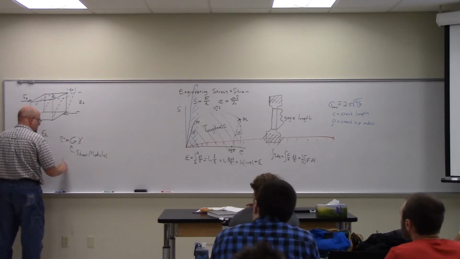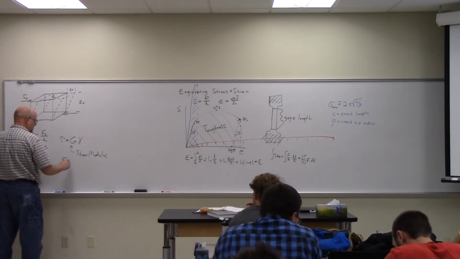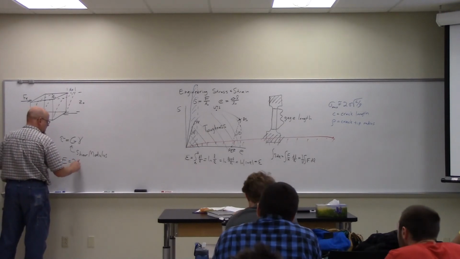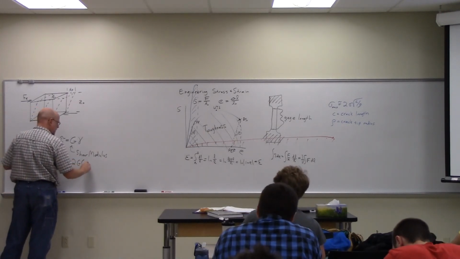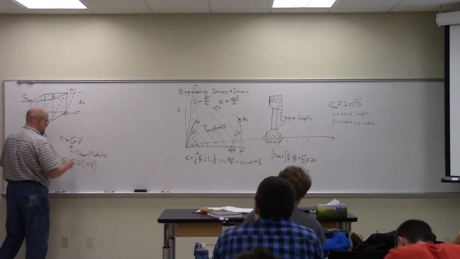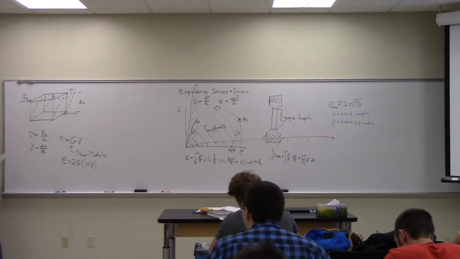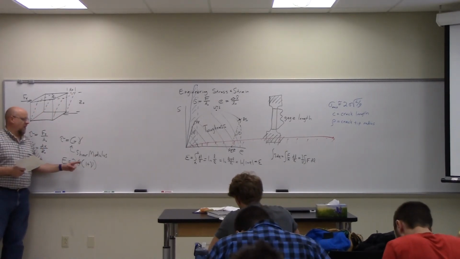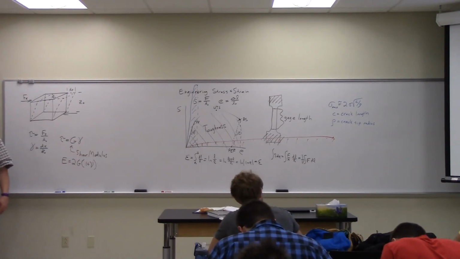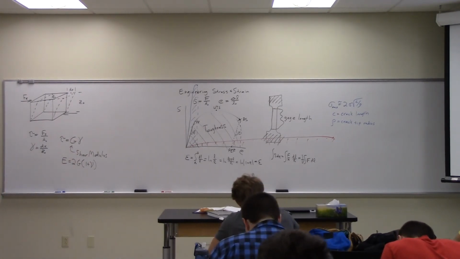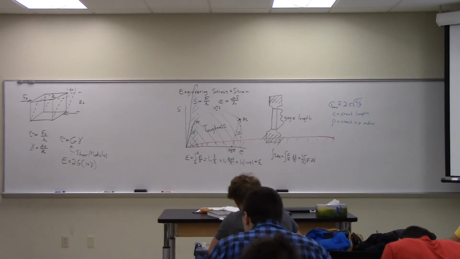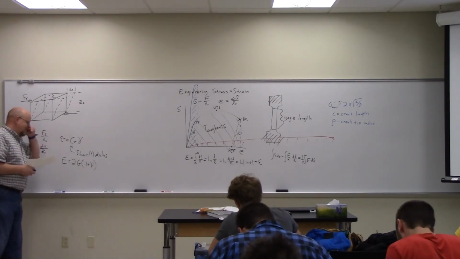But it turns out that for, again, homogeneous isotropic materials, there's a relationship between these. E, Young's modulus, is equal to 2 times the shear modulus times 1 plus Poisson's ratio. We're not going to derive those relationships here, I'm just giving it to you.